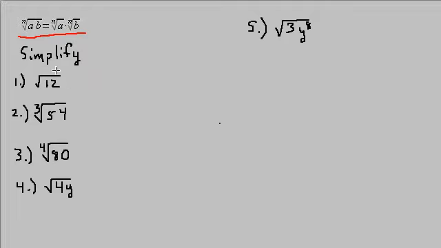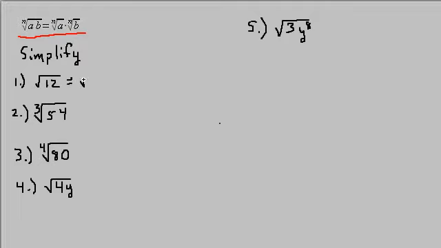So here we want to simplify the square root of 12. Well, 12 is not a perfect square, but it has a factor that's a perfect square. And when we're simplifying radicals, we can't have a perfect power under the radical. So we're going to rewrite 12 as 4 times 3.